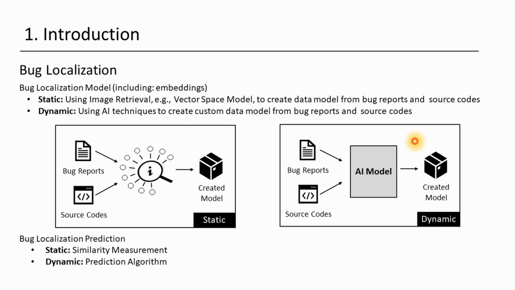After creating the data model, the next step is to predict the bug locations based on the data model. In the static model, to find the distance between vectors and then recommending the bug locations, a similarity measurement is computed.